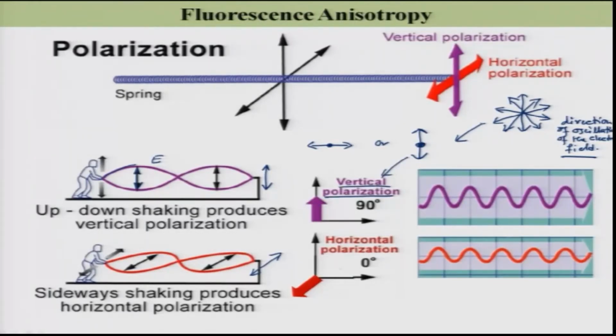In this case, you get horizontal polarization, or 0 degree. The electric field is oscillating in the horizontal direction. Note that in both cases the oscillation of the electric field is perpendicular to the direction of propagation, but in one case it is vertically oscillating and in the other it is horizontally oscillating.